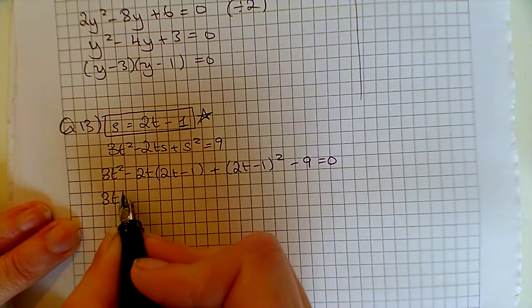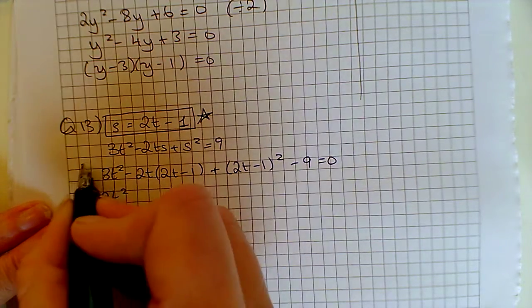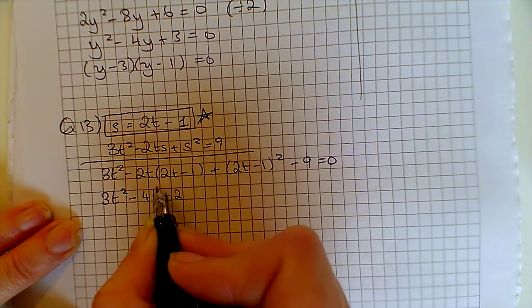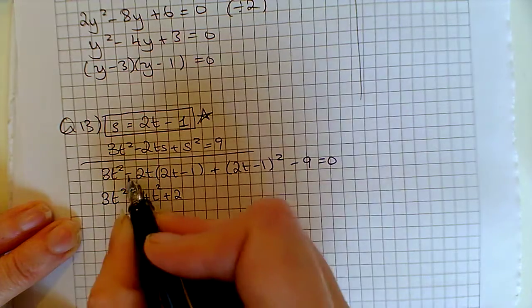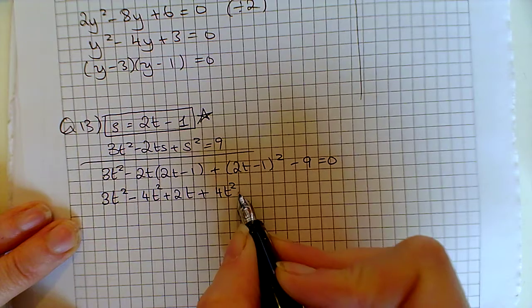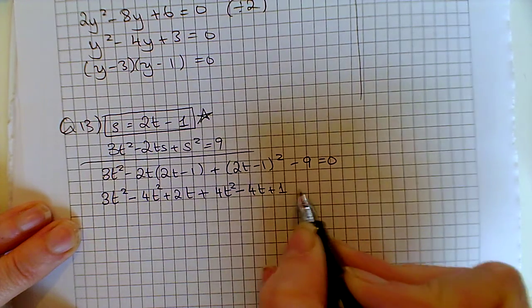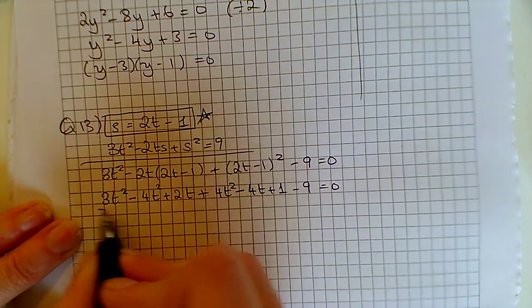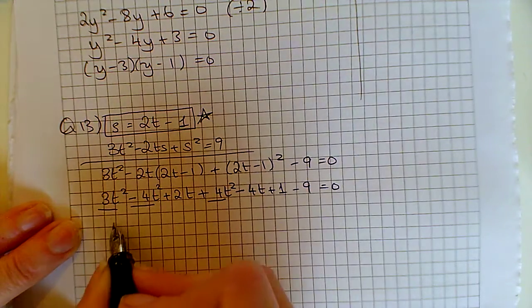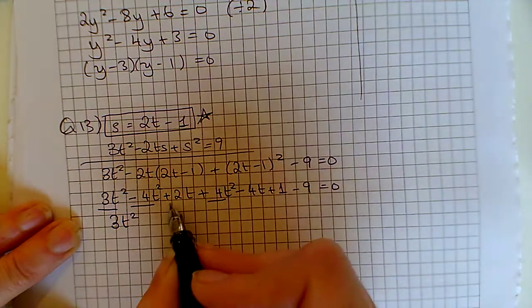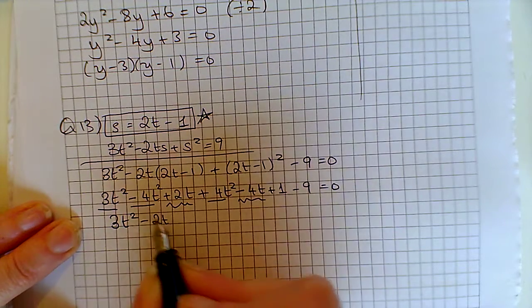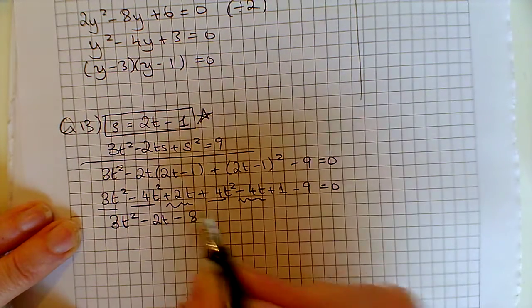Square out my brackets: 3t squared minus 4t squared plus 2t, minus by minus is plus, square this out, plus 4t squared minus 4t plus 1 minus 9 equal to 0. Then my t squareds, minus 1t plus 3t. So basically those cancel out and I get 3t squared plus 2, minus 2t, and 1 take 9 is minus 8.